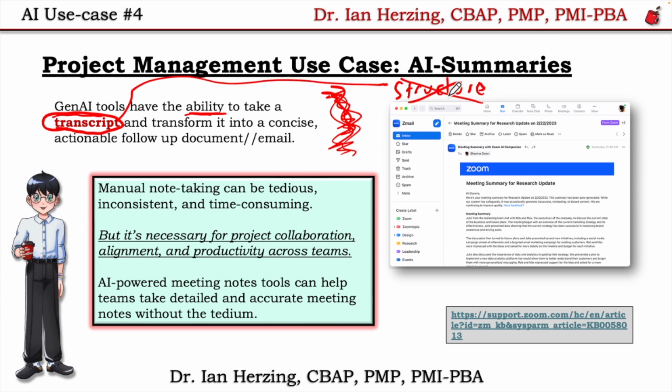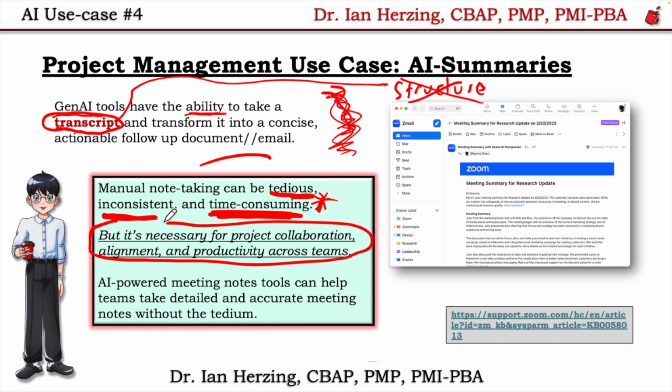So creating that meeting summary document that you saw in the previous slide could be very tedious, sometimes inconsistent, and very time consuming, but it's completely necessary. There's never going to be a world where we, as project managers, don't send out some sort of follow-up. So AI-powered meeting notes can really help us be more detailed and accurate, and ultimately save us time.